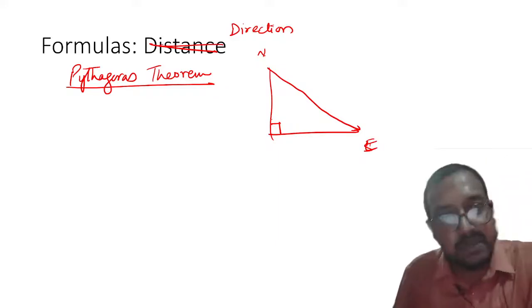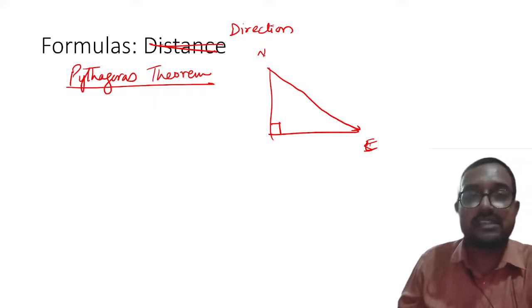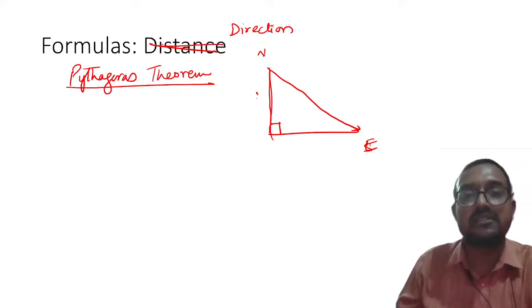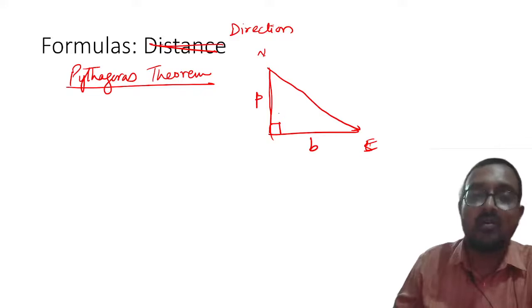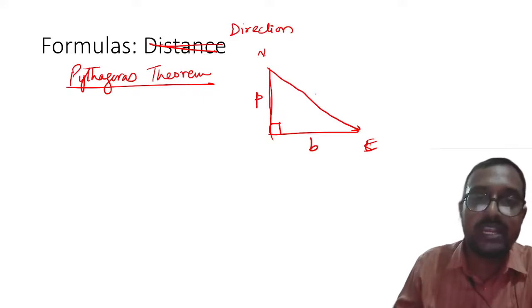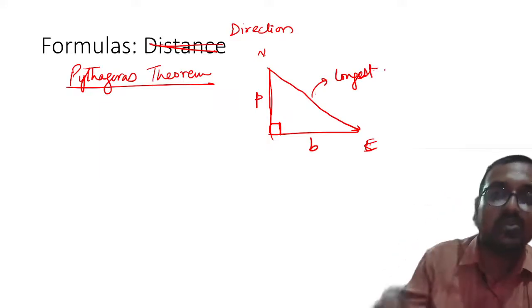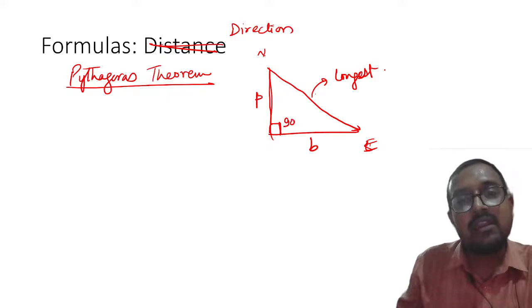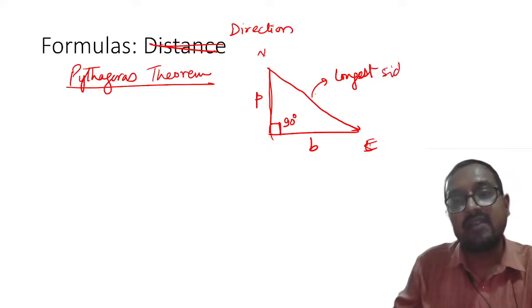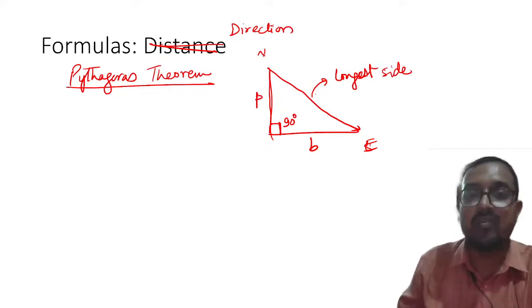So please remember one thing, that if this is perpendicular, this is base, whatever side will be opposite to 90 degree will be the longest side of all the three.